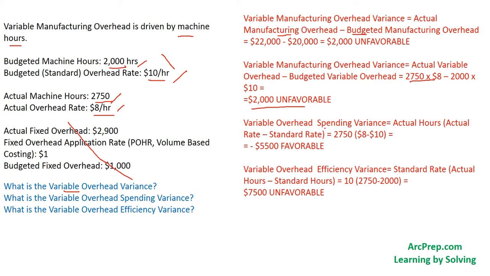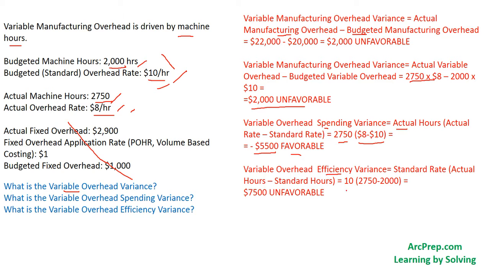If we calculate the spending variance, we take actual hours multiplied by the difference of the prices, actual minus standard. So it is negative. This is a cost. Since it's negative, the actual is less than the standard, the cost is less, hence it's favorable, $5,500.